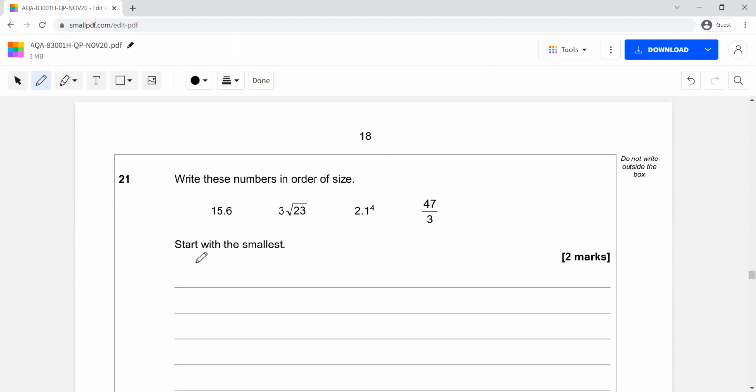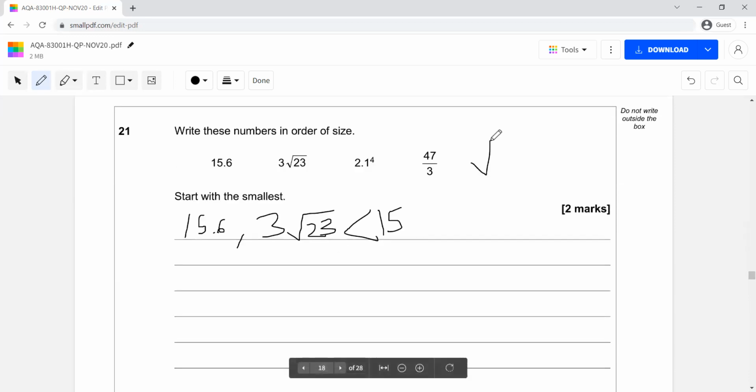So 15.6 is just 15.6. Root 23 is less than 5. And if it's less than 5, multiply by 3, then we can say 3 root 23 is less than 15. Let me explain this.